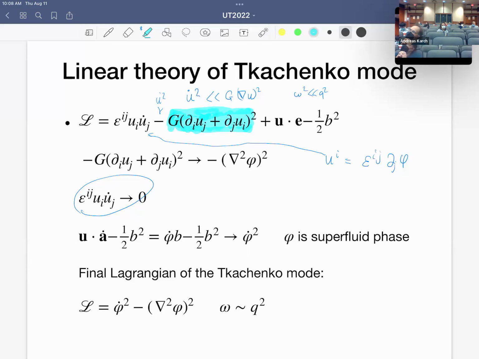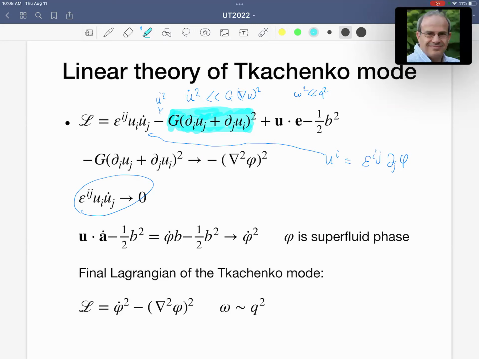That is, when I have the u dot squared term and I'm looking at the regime omega squared much less than q squared, that term clearly is smaller than the spatial derivative term. So this u dot squared term is neglected, and after that, everything just follows.